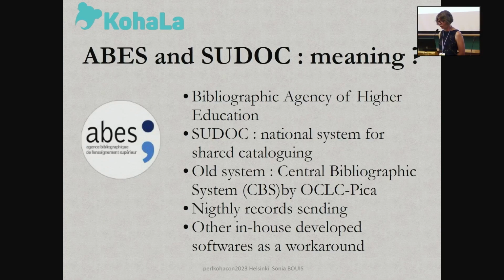The network is almost up to 160 institutions, and that includes around 1,500 libraries. And they catalog daily in the Winnipeg tool, cataloging from CBS by OCLC PICA.